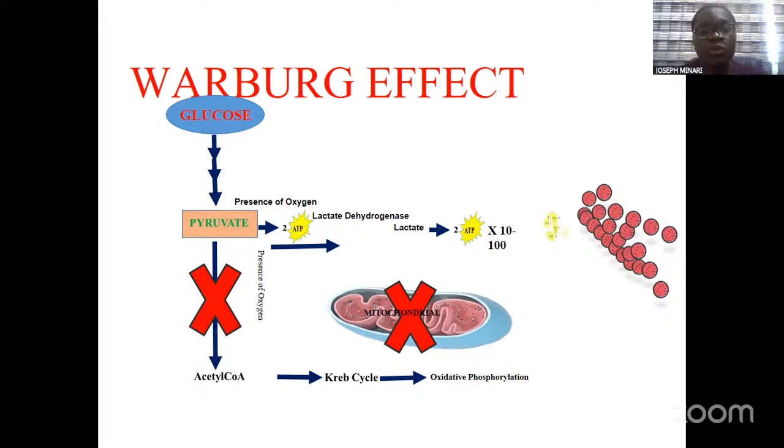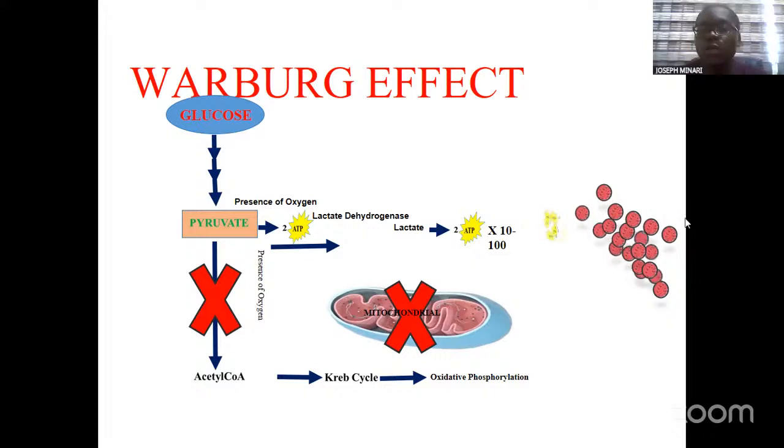But what happens is that it goes straight through lactate dehydrogenase, converting pyruvate to lactate, and then we have almost 10 to 100 times more ATP being produced. And it will cause the cells to be energized, and so they can continue their proliferation.